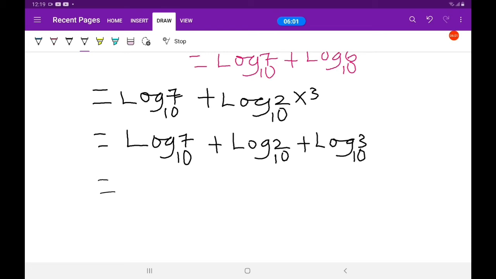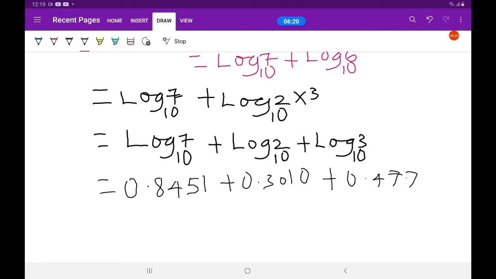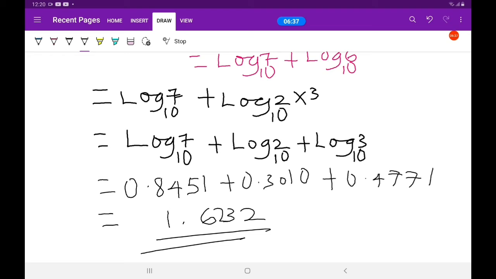From our question, log 7 was given as 0.8451, log 2 as 0.3010, and log 3 as 0.4771. If you add them together, that will be 1.6232, and that is the answer for log 42. You can confirm that with your calculator.